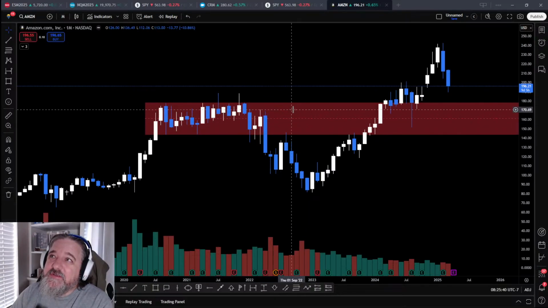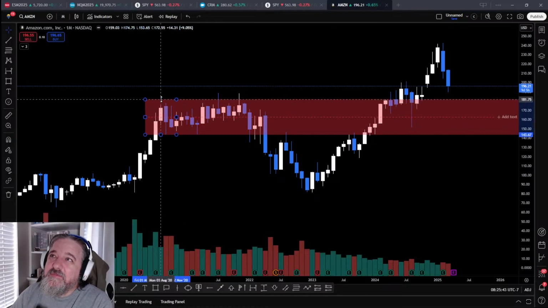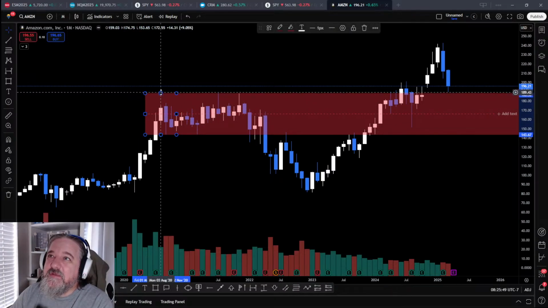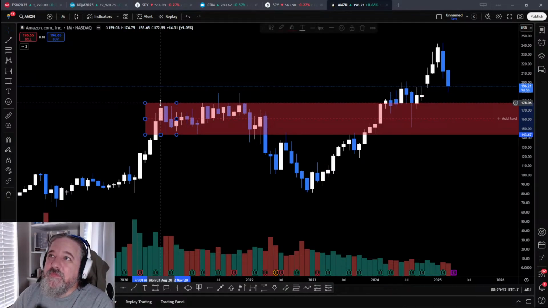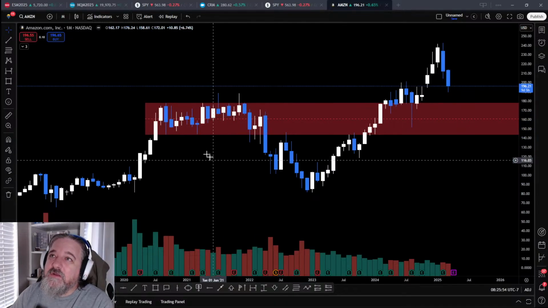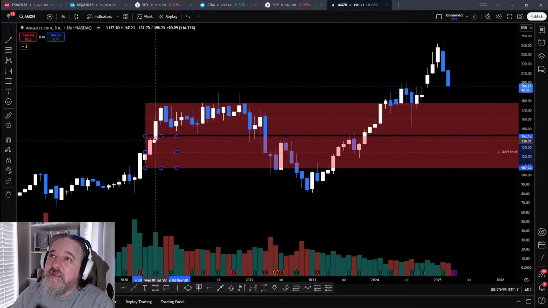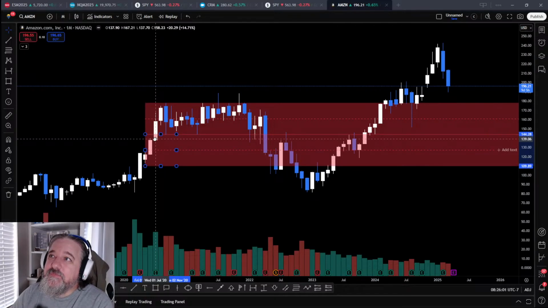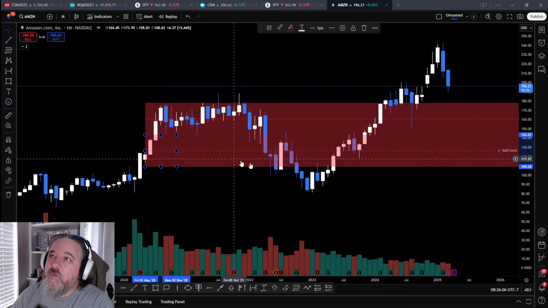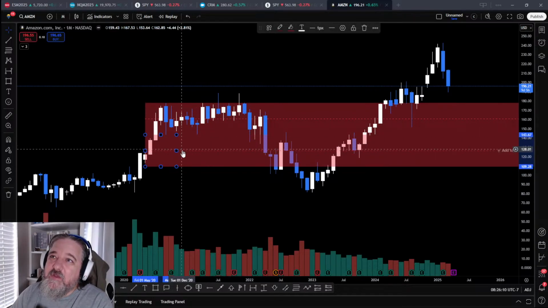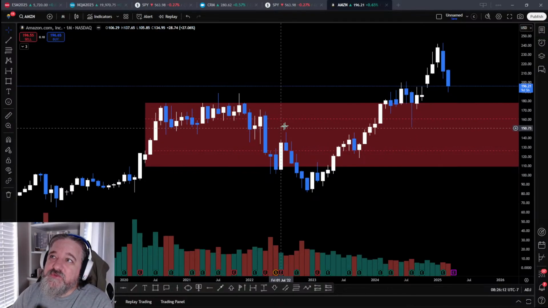On sideways price action like this, you kind of have to decide where you think the top is, where you think the bottom is. It could be this. It could be this. I don't think either is wrong. But if we clone this box and move it down below, when we actually finally do break, the measured move would be equal to the size of the range that we were trading in.